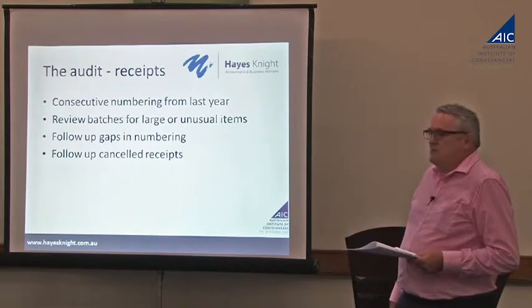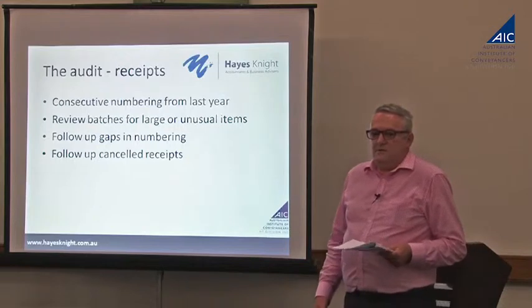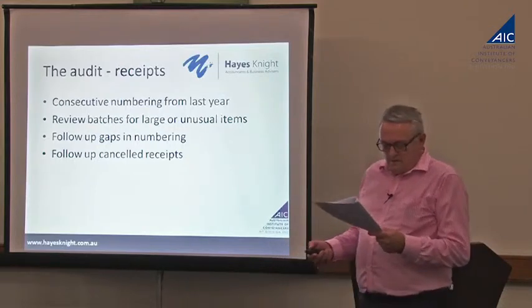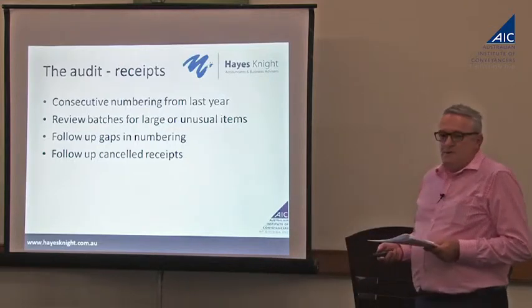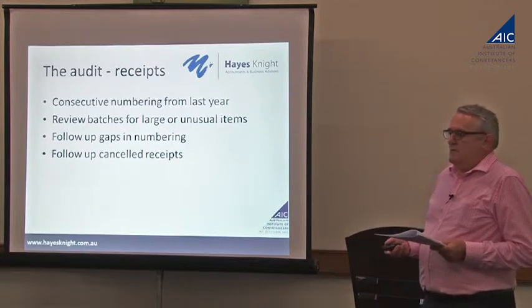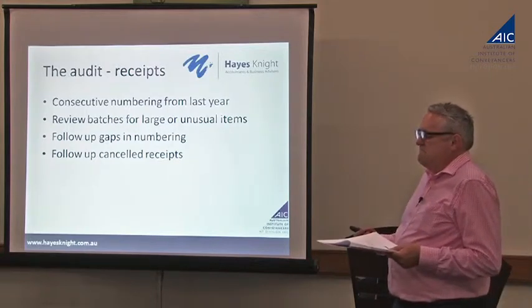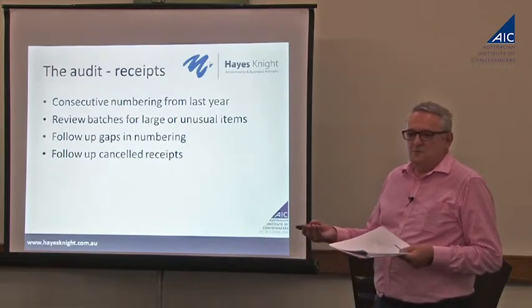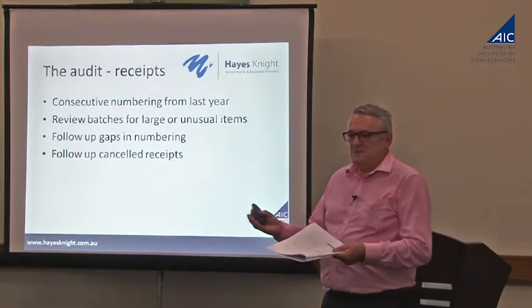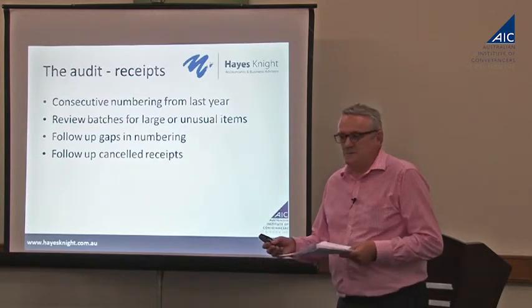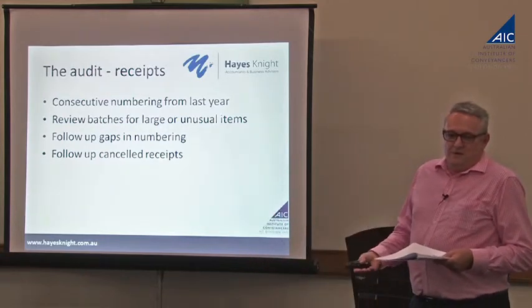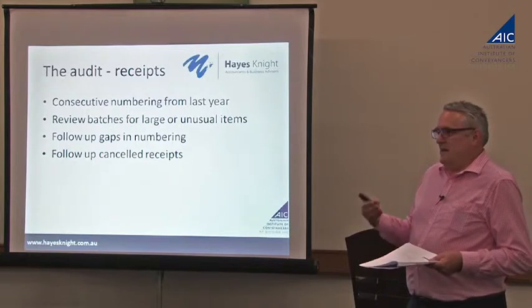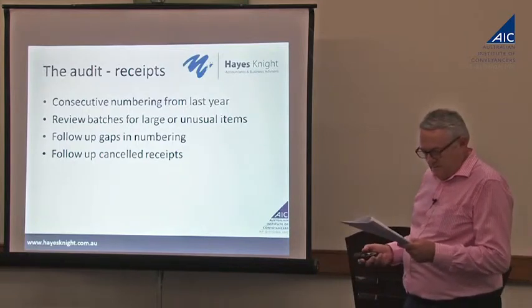We have a look at things, looking for unusual items, see if there's anything odd, what we think is odd. Look for gaps in numbering. When we had those printers, dot matrix printers, sometimes receipts or cheques got wasted as everybody set them up in the printer ready to go and all that sort of stuff. So you go looking for where the gaps are and find out where they've gone.